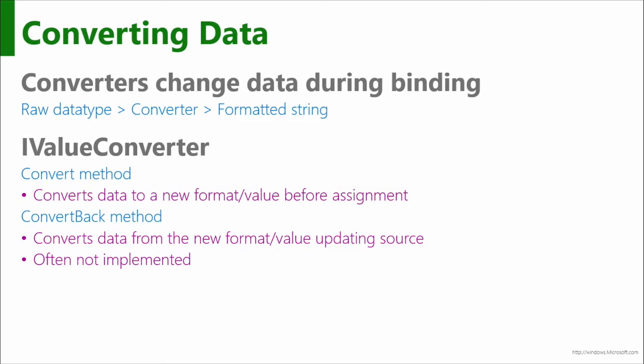And as the name suggests, one is converting from, you're taking a value from your view model and converting it for display on the screen. And the ConvertBack is the reverse direction, where you've got a two-way data binding and you've got some kind of value that's been entered into a UI control, and you want to convert that back in a way that can be stored back in your view model.